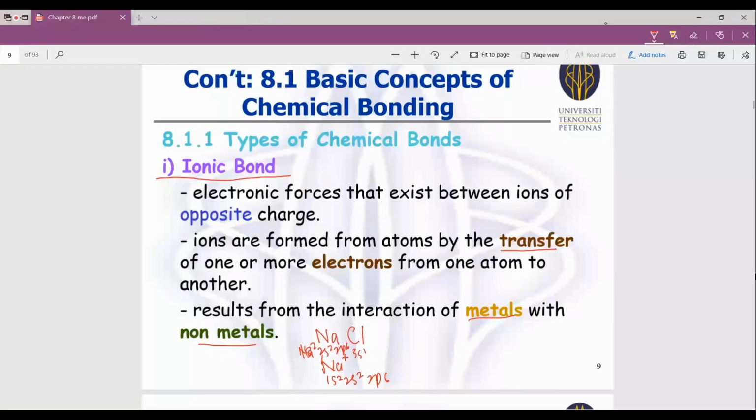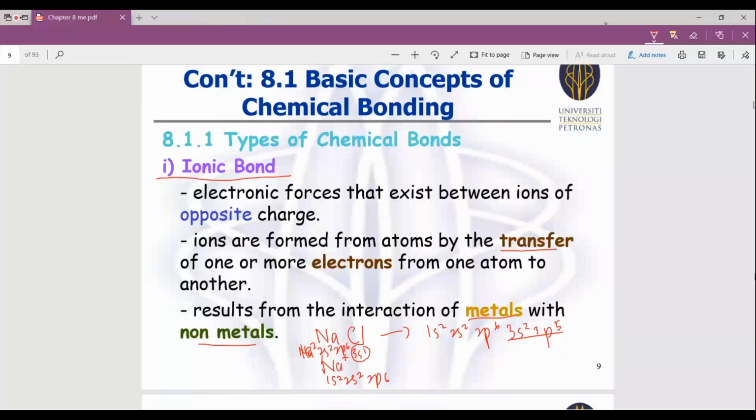The Cl atom has 1s2 2s2 2p6 3s2 3p5. The proton number for chlorine is 17, so the valence electrons here are 7.